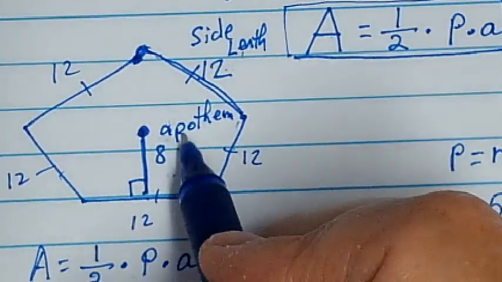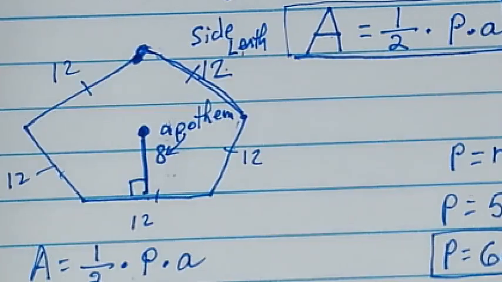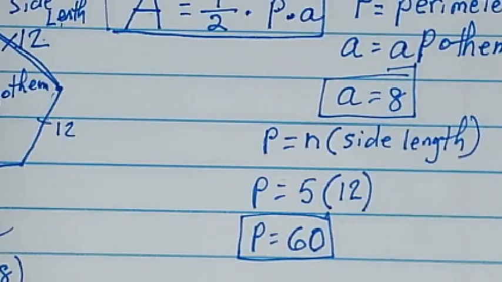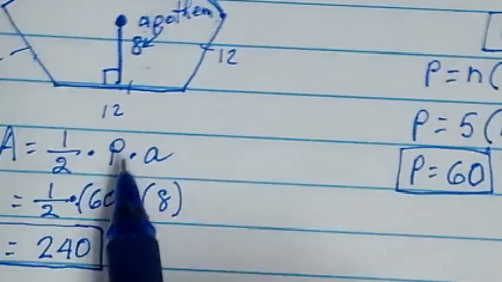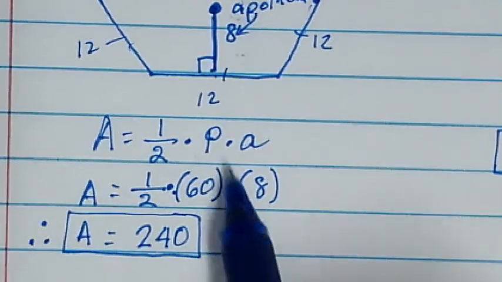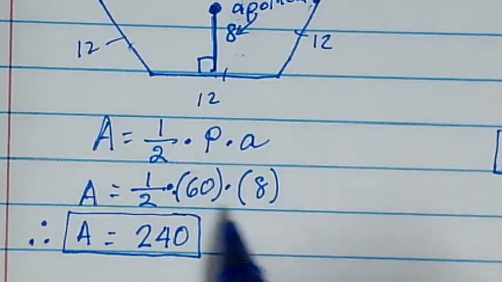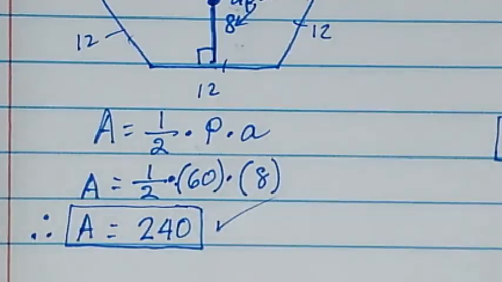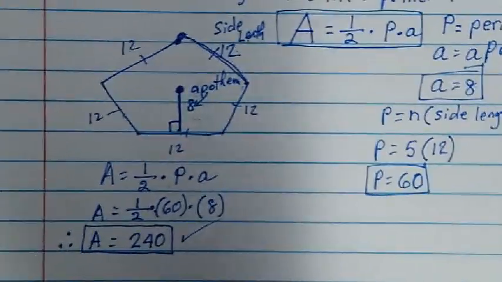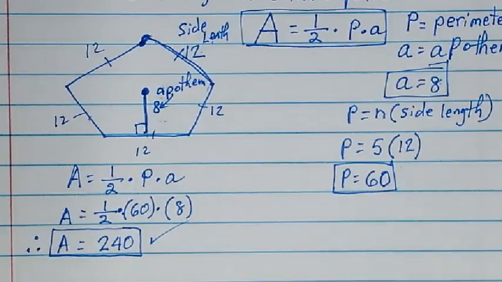They gave me the apothem. I was able to write down what the apothem was. I found the perimeter, and I used the formula, plugged in perimeter and apothem, and then thank gosh for my calculator. Done. And if you have any questions, just watch the video again or ask me in class.